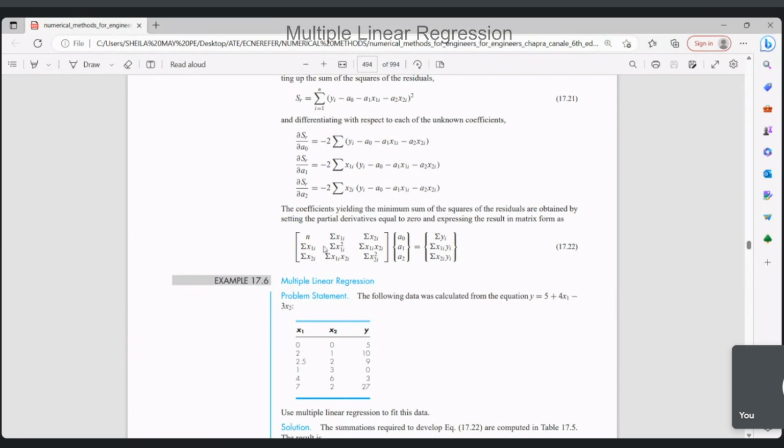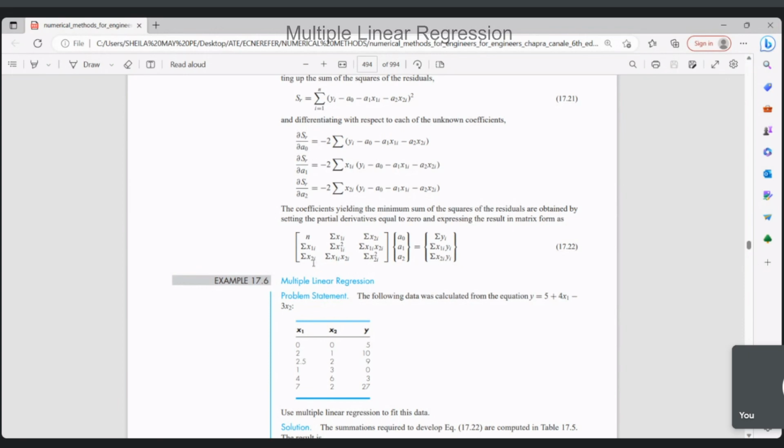We have the n, we have the summation of our x1i, okay? Another, we have our summation of our x2i. And here, summation of our x1i squared, and then the x1i and the x2i.